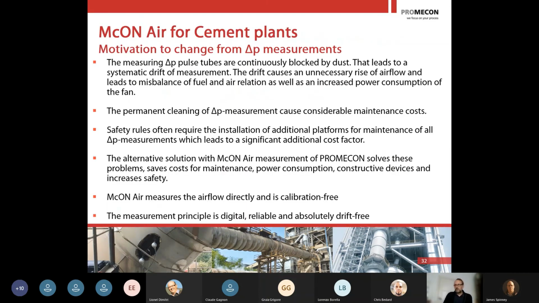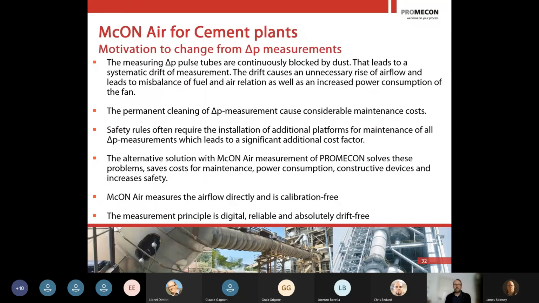At the end, I'm nearly done with the presentation. We have some motivations to change from DP measurements. One of the major points which brought us to the invention of those measurements was the demand in power plants, who said they always have drifting measurements, not because the transmitters are bad.